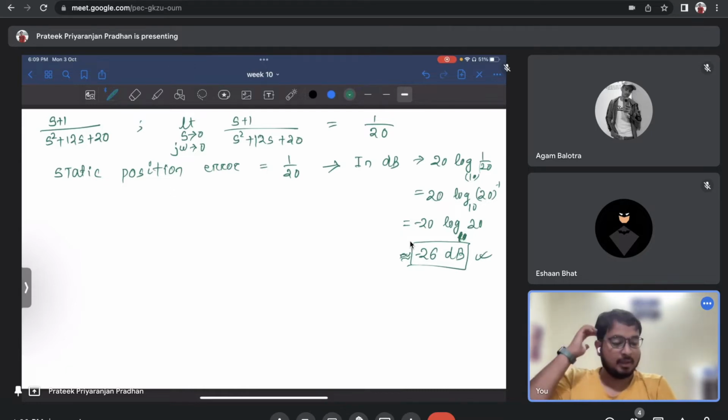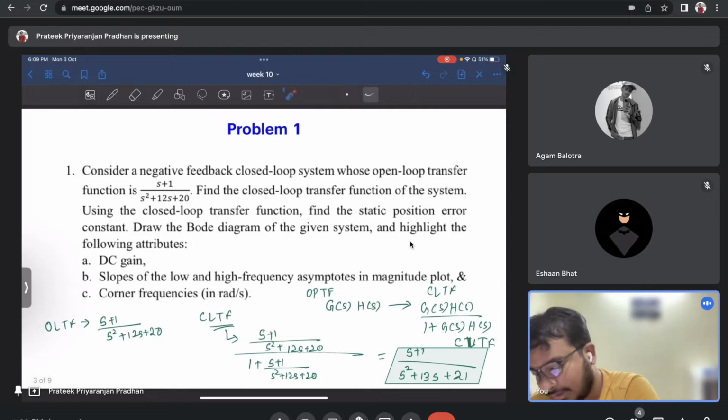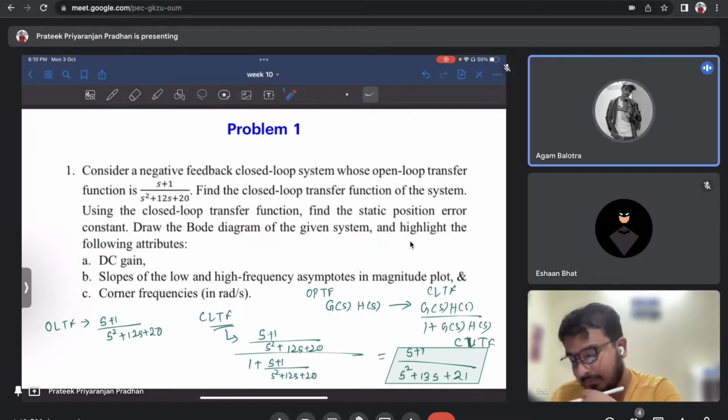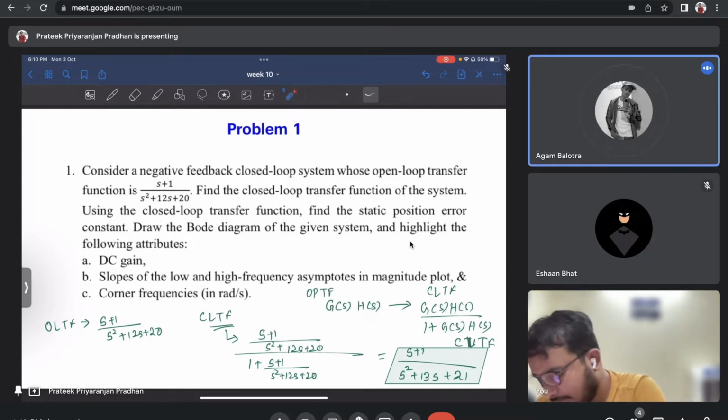Next comes the question: plot the Bode diagram of the given system and highlight the following attributes, using the closed loop transfer function.